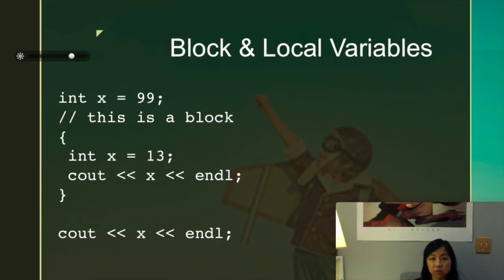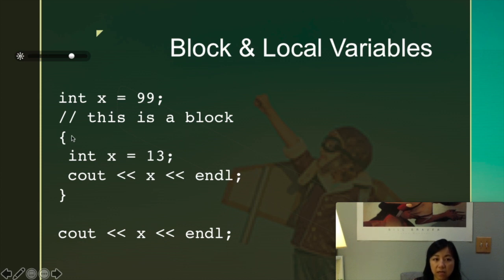Now let's look at the concept of block and local variables. What do you think this fragment of code is going to evaluate to? What value of x will be printed out?